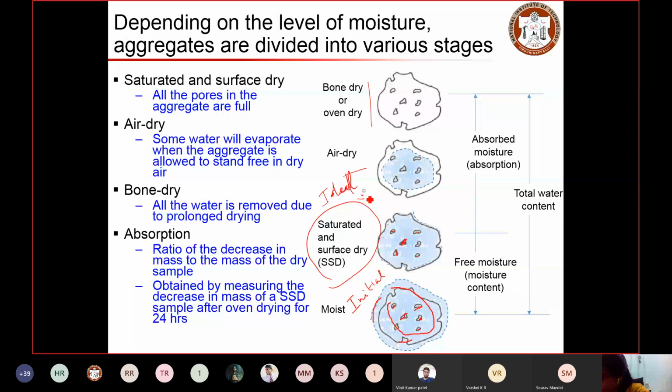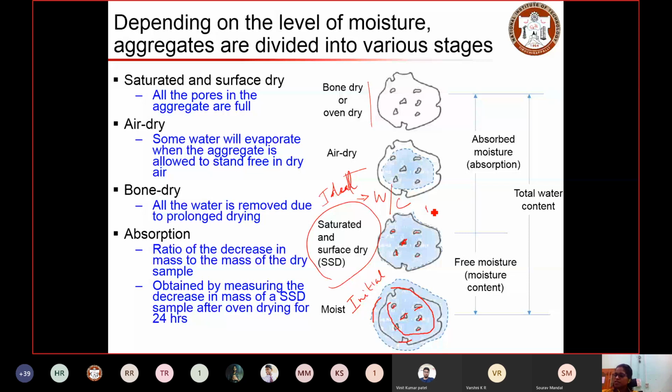The amount of water added in the concrete will be used for the concrete mixing only. There will not be any absorption or any release of water from the aggregate. So this is the ideal case that should be considered for mix design, where all the pores in the aggregates are filled, and then we need to do corrections with respect to this case.